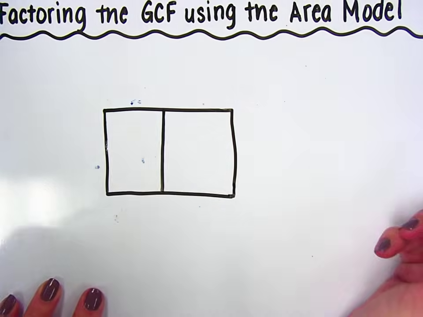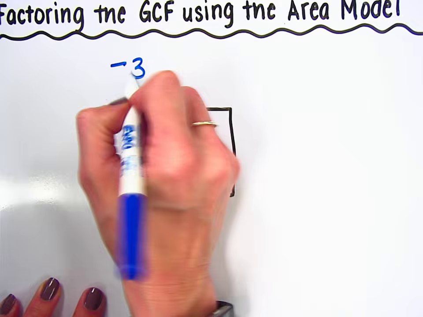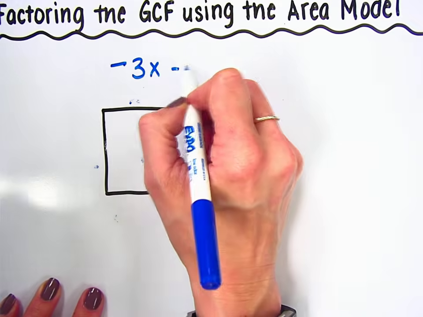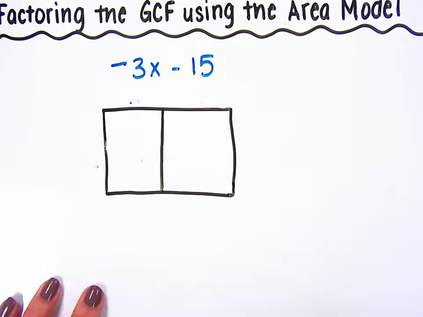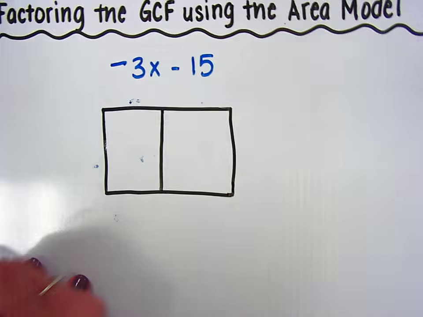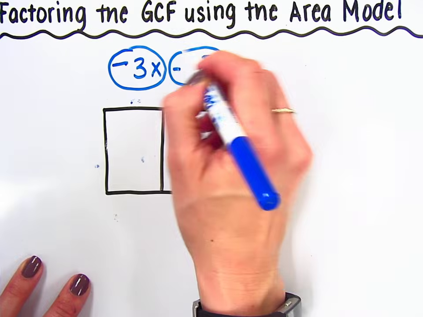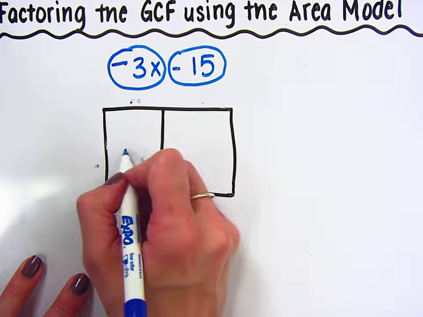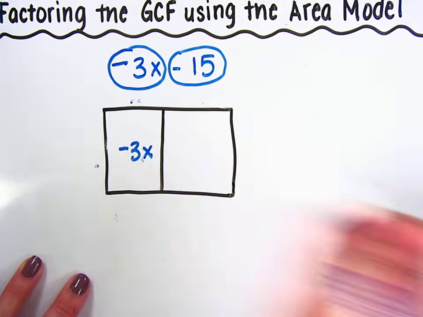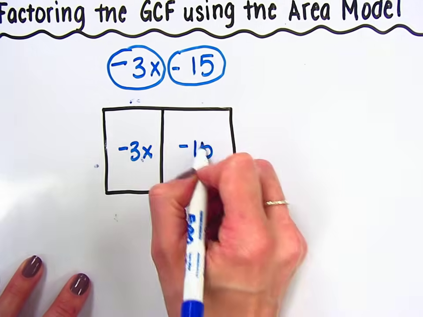The next example we'll look at is negative 3x minus 15. We're going to start by circling the terms that I see in my expression, negative 3x and negative 15, and the first term will go in the first box, and the second term will go in the second box.